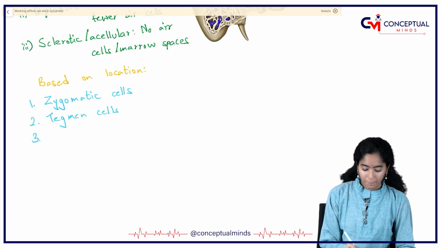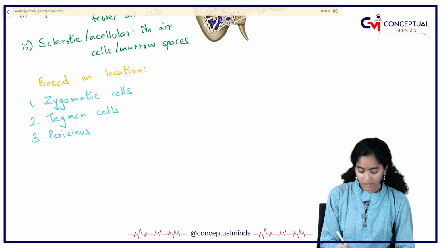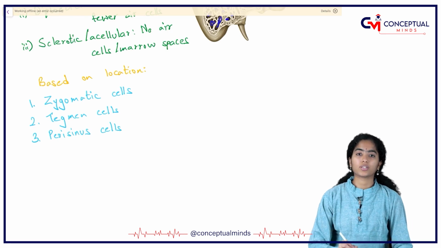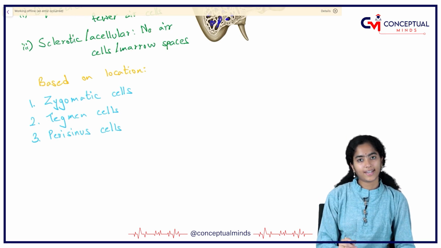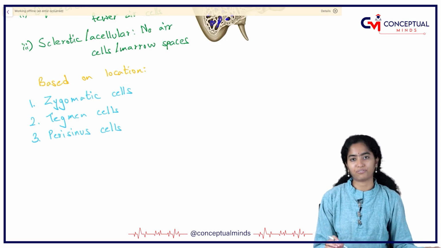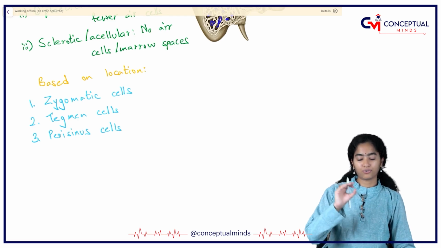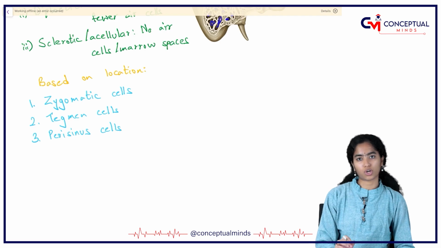Next, we have perisinus cells. Now, these are all based on the location. And why is it important? When we take an X-ray and there is some disease in the mastoid, we should be able to identify exactly which part is affected. So for that, we have identified them based on their geographic location.